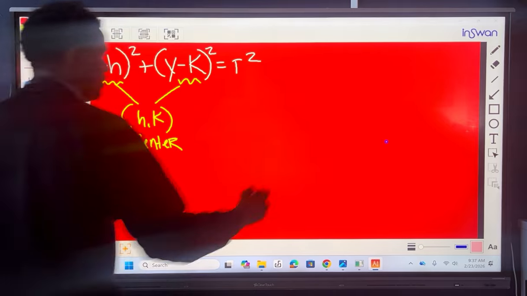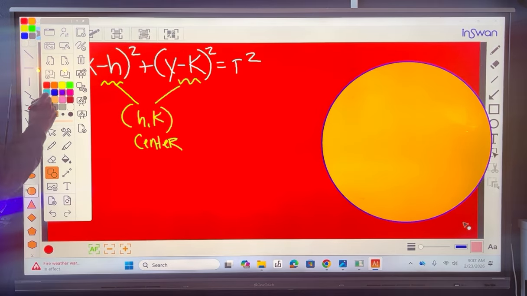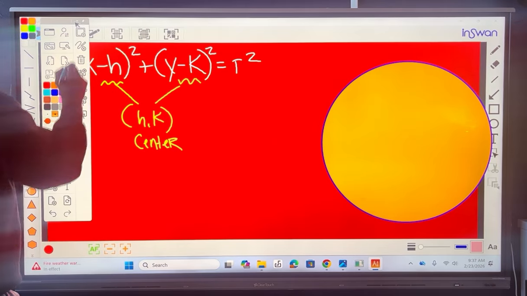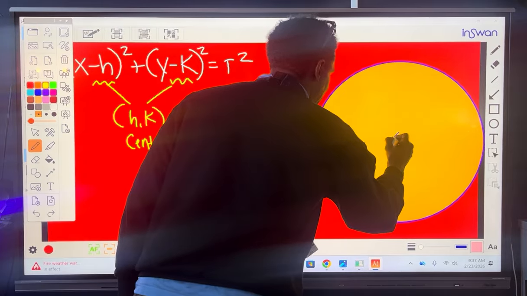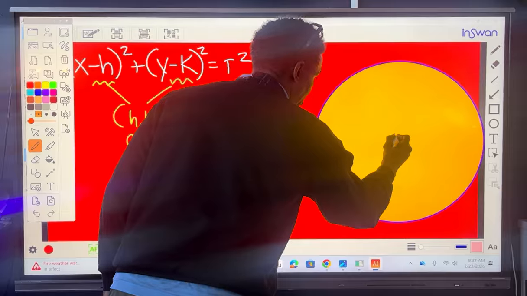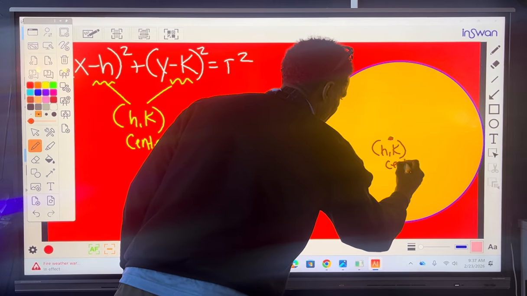That h and k represents this circle, and you just told me that h and k is now the center of a circle. Lock in, chat, because I need y'all to get this. H and k is our center.